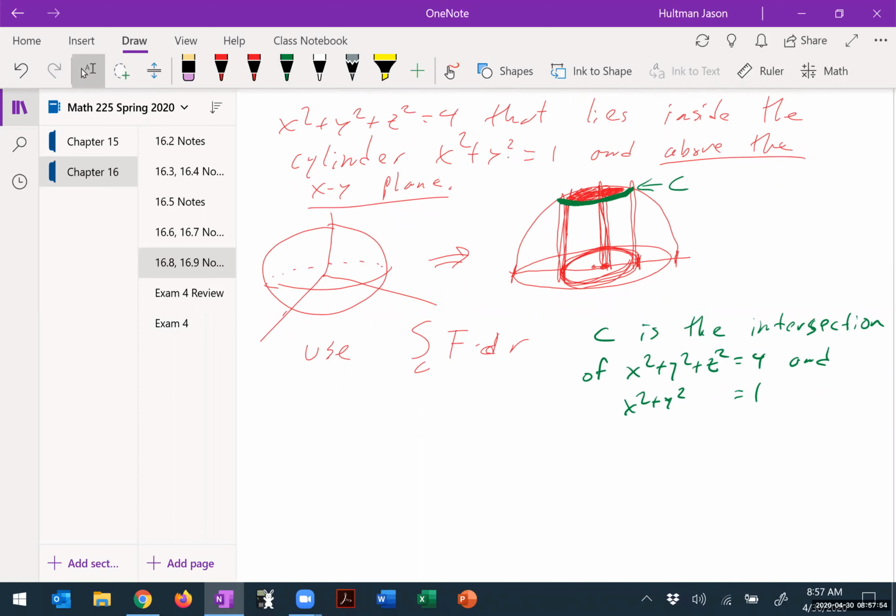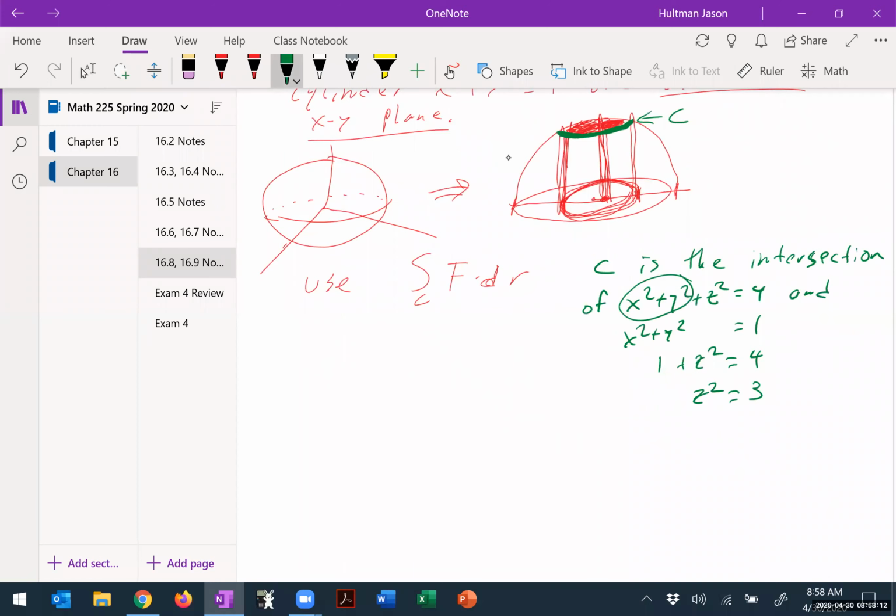Well, if x squared plus y squared equals 1, then can't I just replace x squared plus y squared with 1? Sure. So 1 plus z squared equals 4. z squared equals 3. So z would equal plus or minus radical 3.